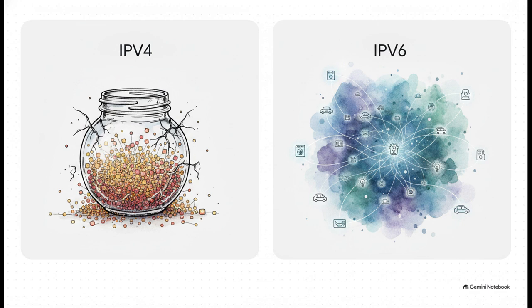We used a clever trick called network address translation, or NAT, to hide multiple devices behind one address just to buy us some time. But moving to IPv6 expands the address space to 128 bits. It gives us those 340 undecillion addresses, meaning we completely eliminate scarcity. Now, every single IoT device can have its own direct, globally routable address with no NAT required.